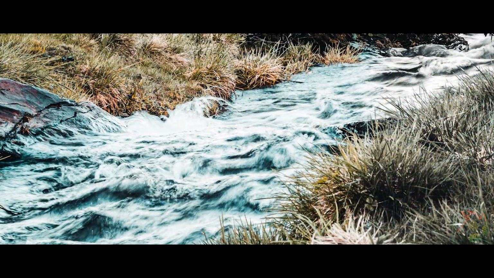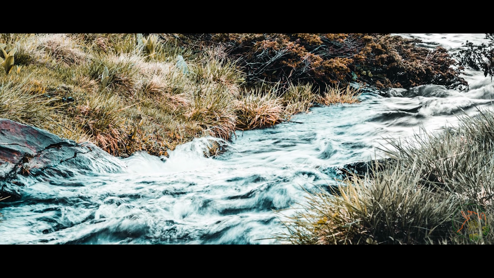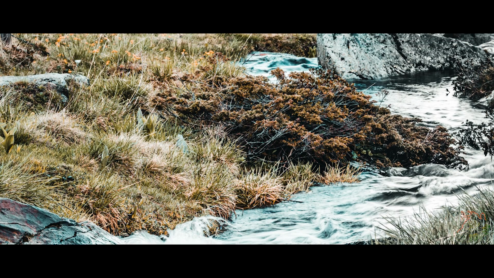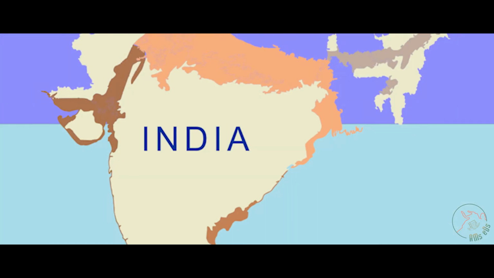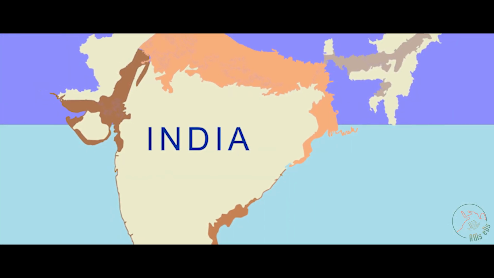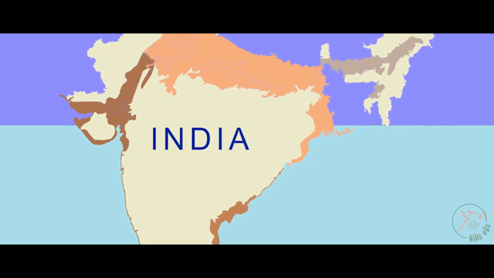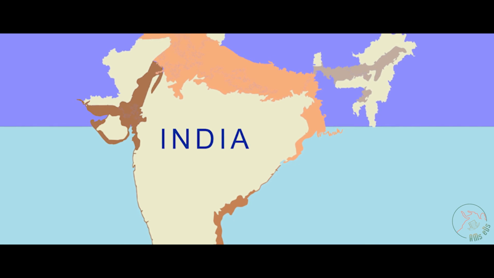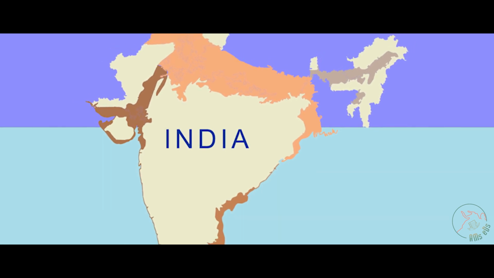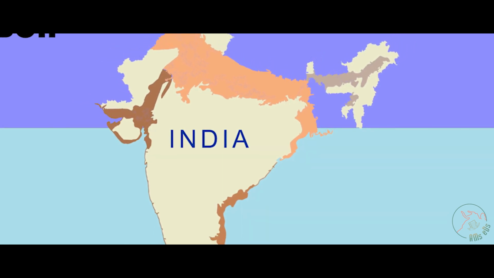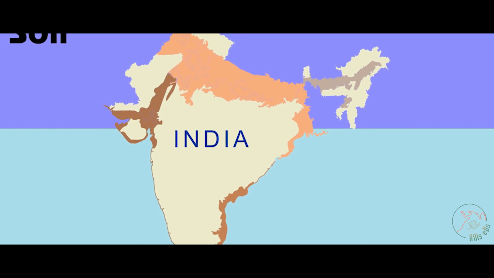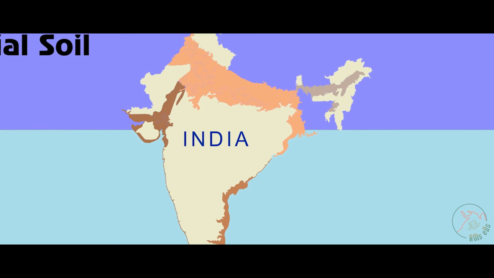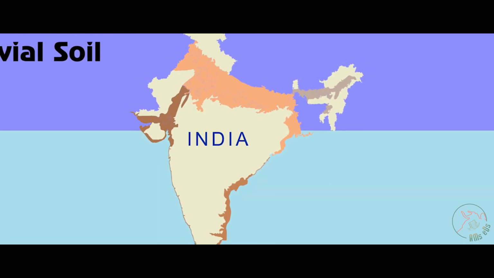Let's make a pause here and check out the areas where this transported soil is found in India with reference to the map. Please make a note of this in your map sheet. You will find such a reference map in your textbook. Remember, when you are asked to mark something on a map, it is just to make sure that you have an idea of its location.